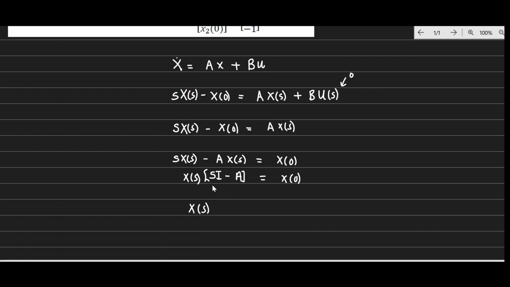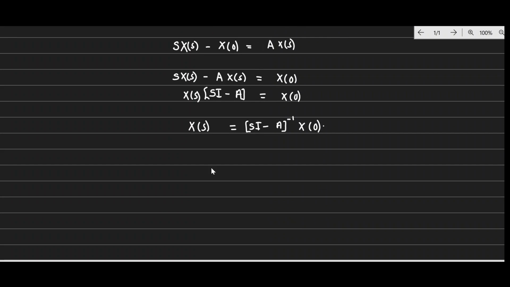So we divide both sides by sI minus A. Now, division of matrices in linear algebra is not advisable, so you have to take the inverse of this matrix. So we have (sI minus A) inverse multiplied by x of 0.